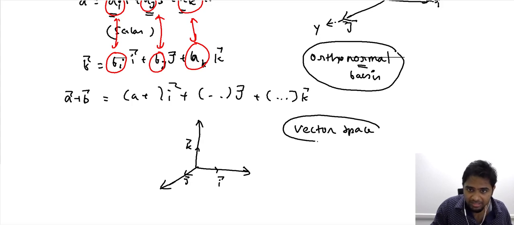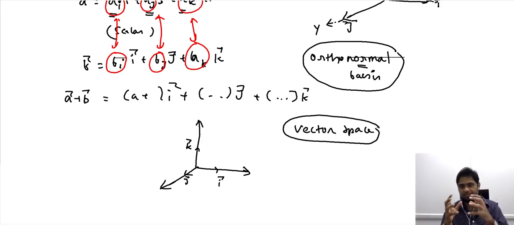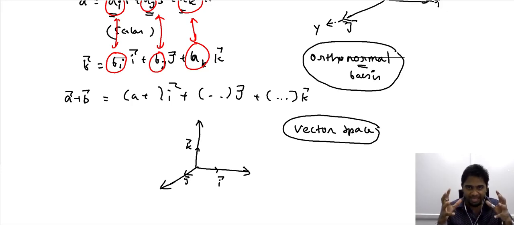So this is one of the key terms that we need to get familiar with, because even though our real space is confined to a three-dimensional system, it is possible for us to conceive a multidimensional vector space. Let me repeat, we have i, j, k vectors and these are mutually perpendicular to each other, and this orthonormal nature of the unit vectors is similar to the orthogonal nature of the coordinate system that we use to describe our three-dimensional world.